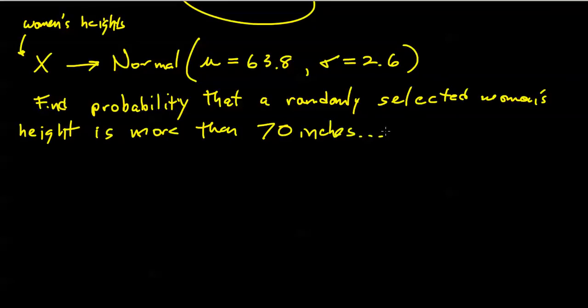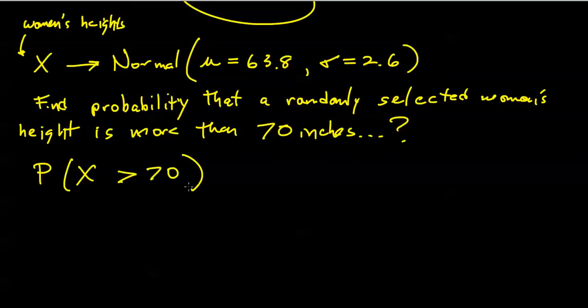Now, there are a bunch of adult women that are taller than 70 inches. That's 5 feet 10 inches. Probably not many in the long scheme of things. Well, I'm going to translate this question into a mathematical statement. I really want the probability that X, a randomly selected woman, is greater than 70 inches, or that is a height greater than 70 inches.